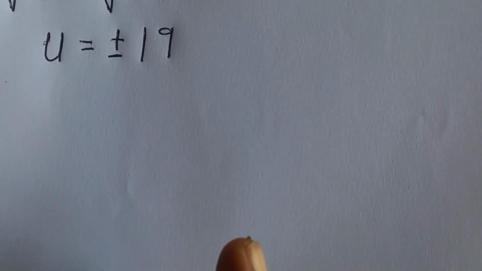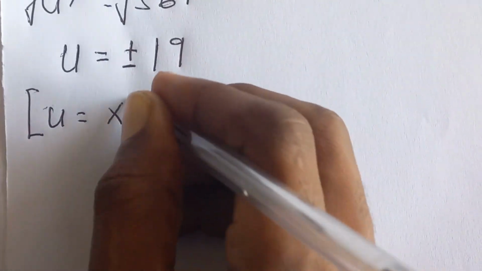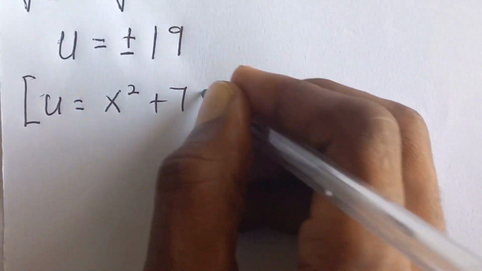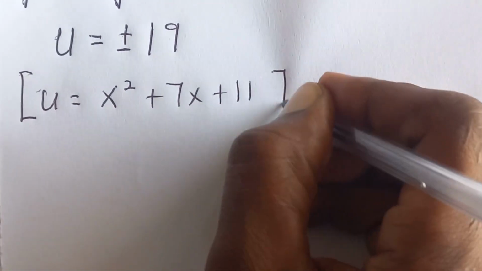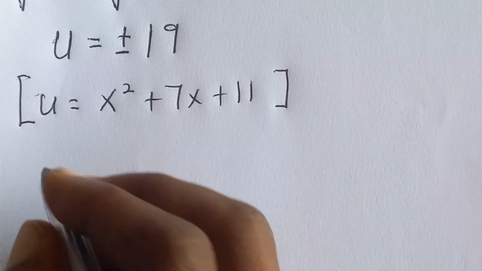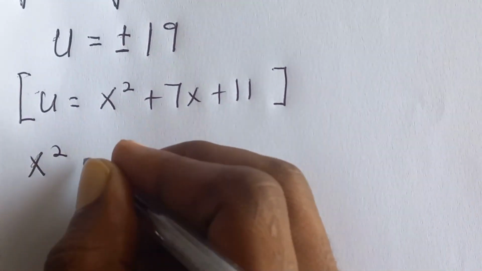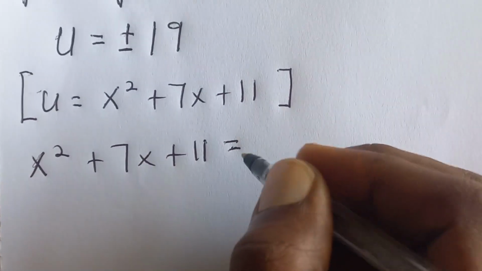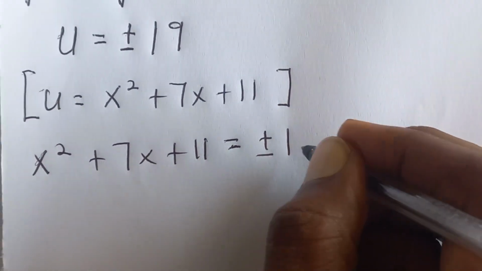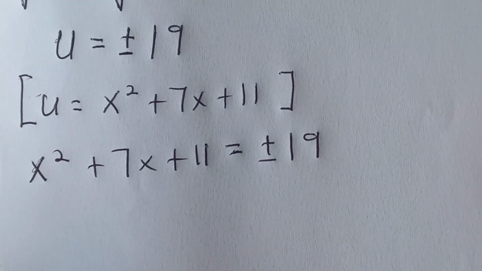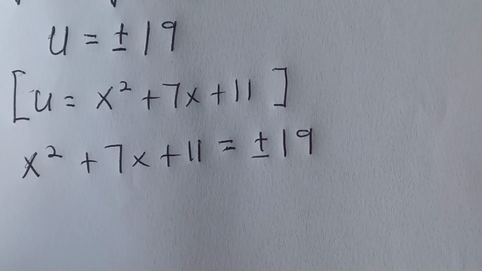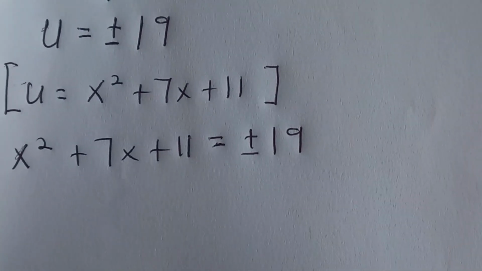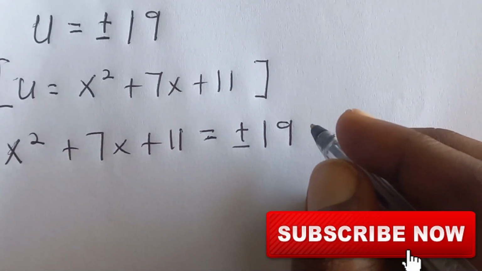So we say that our u was x squared plus 7x plus 11. This is what we stated. So now x squared plus 7x plus 11 is equal to plus or minus 19. Okay, so it means that we have two cases here.